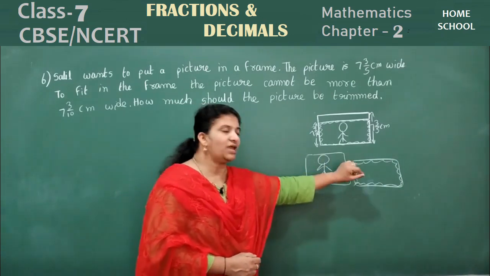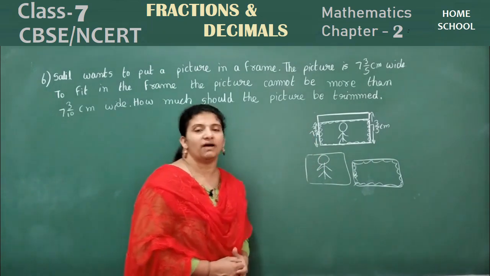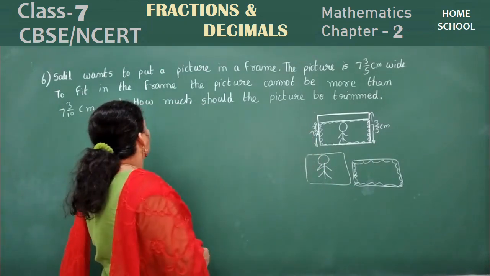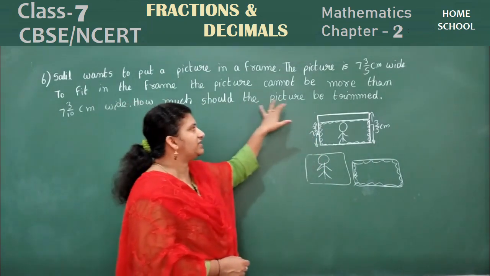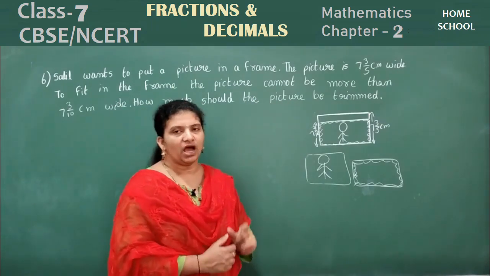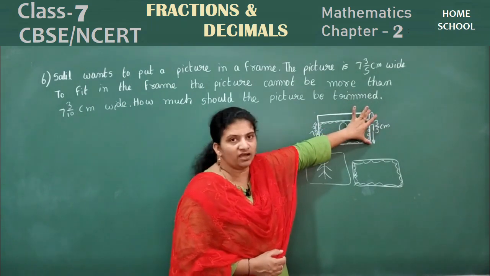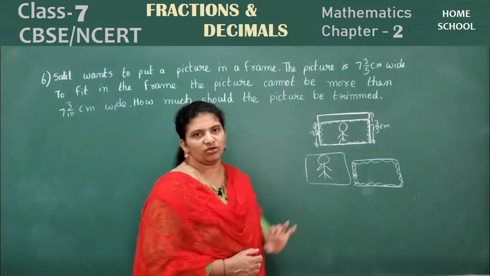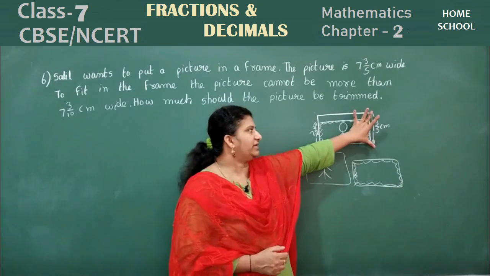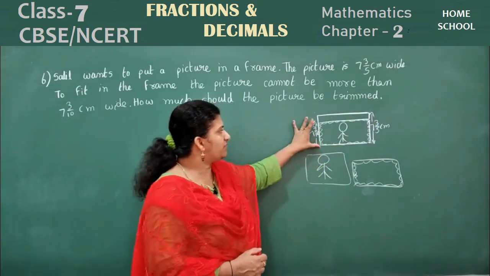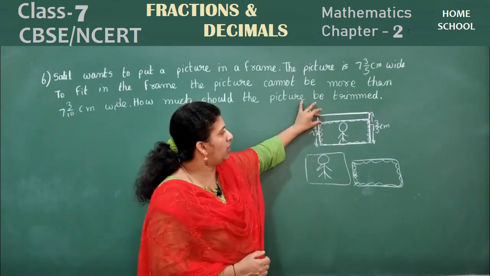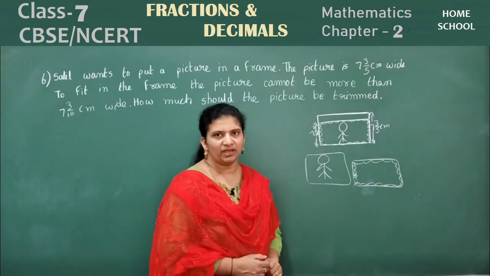Because the frame width is 7 3/10 centimeters. How much should the picture be trimmed? Understand here, picture minus frame you need to do. Picture width minus frame width will give you how much you need to trim.